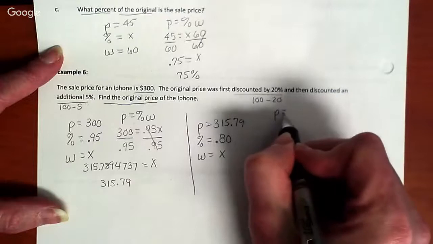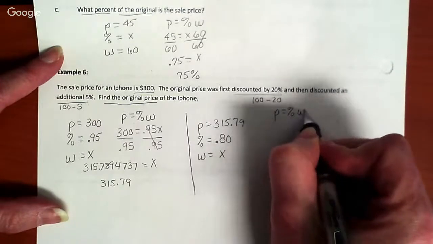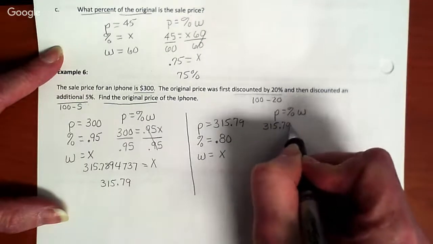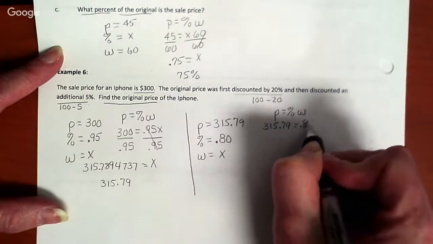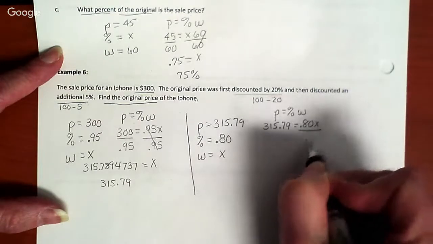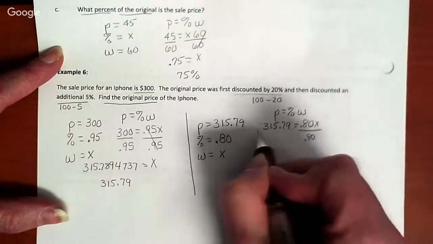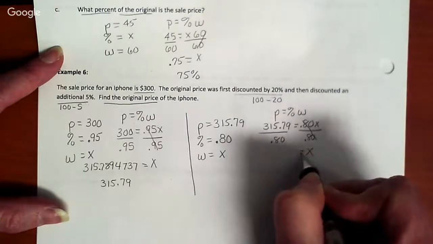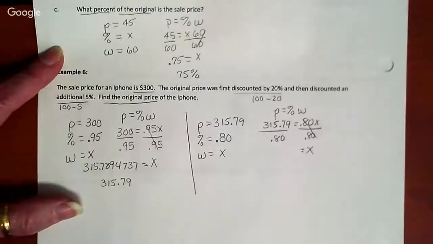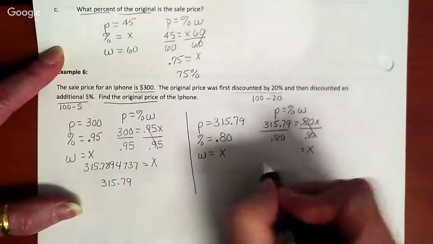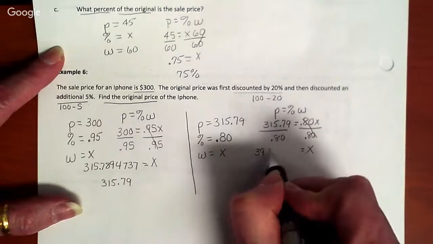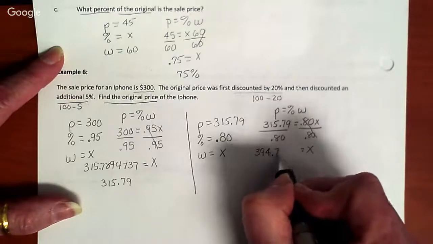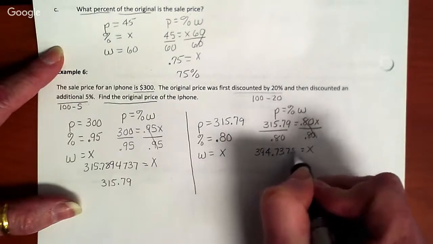So we have P equals percent times W, 315.79 equals 0.80 X, divide both sides by 0.80. So X equals 394.7375.